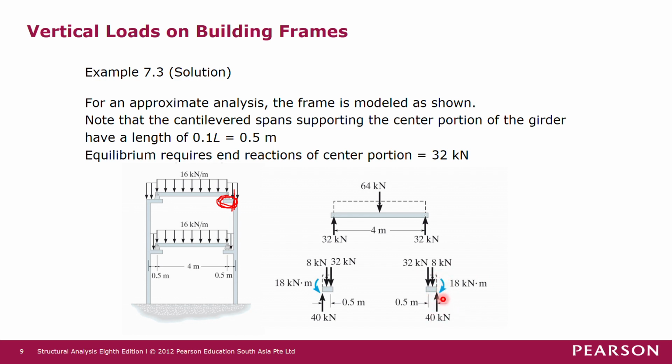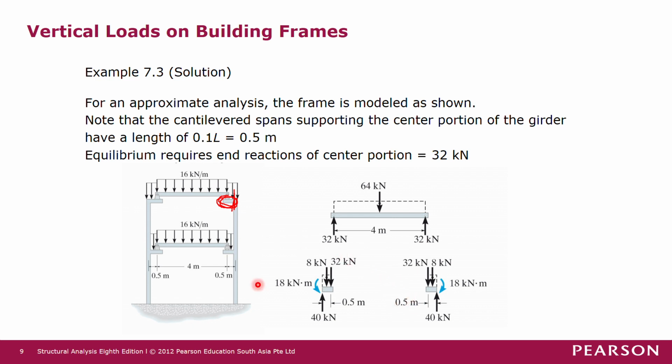And from this part of the cantilever beam, we know that this cantilever has to support the simply supported beam here. So the reaction from the simply supported beam here will become an action on this cantilever beam. The span of this cantilever beam is 0.1 L, which is 0.5 meters.